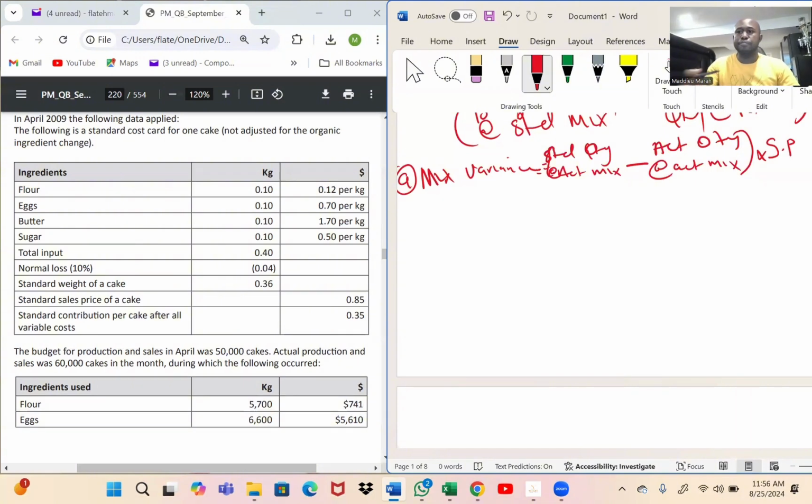But you cannot see this information in the question. So what we do, let's set a table. This table will help you, trust me. On my first table, I will have the ingredients. My ingredients: flour, egg, butter, sugar. These are my ingredients.